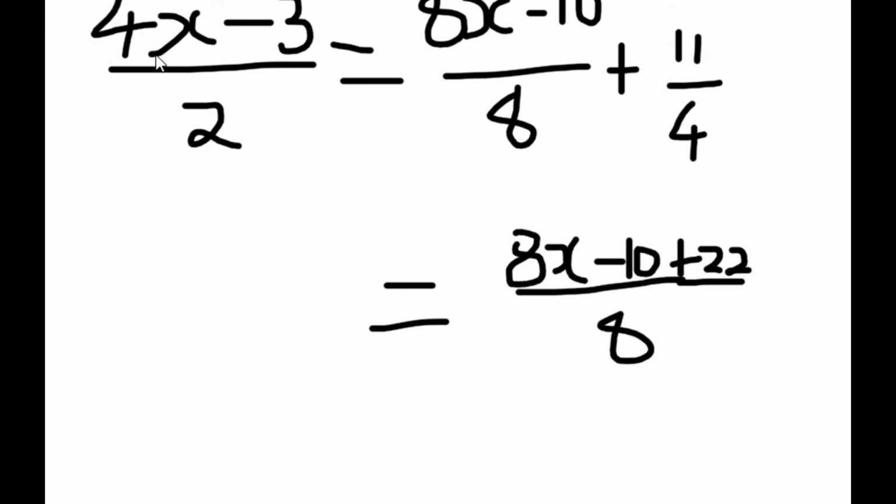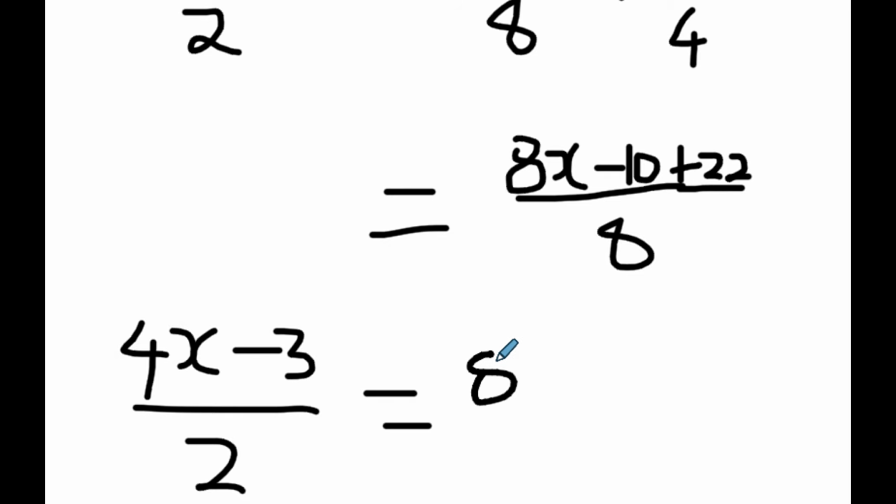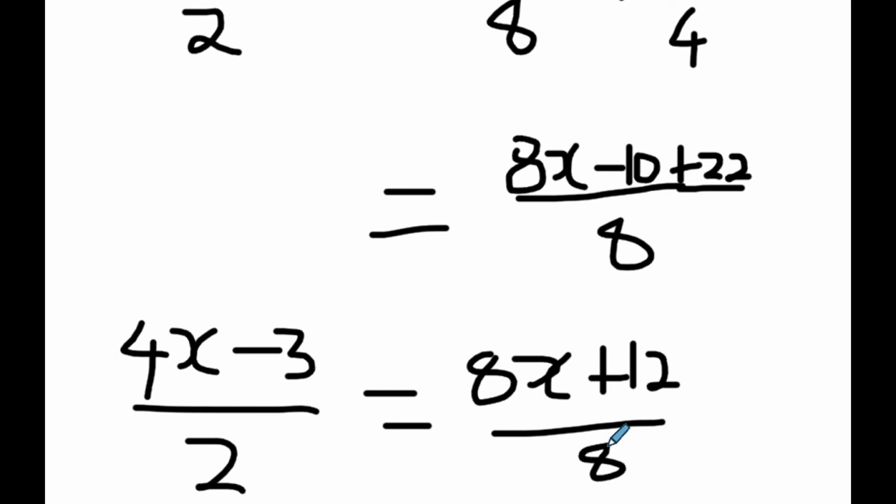So I bring this down, equals 8x, 22 minus 10 is plus 12, over 8. Now I can cross multiply without problem.